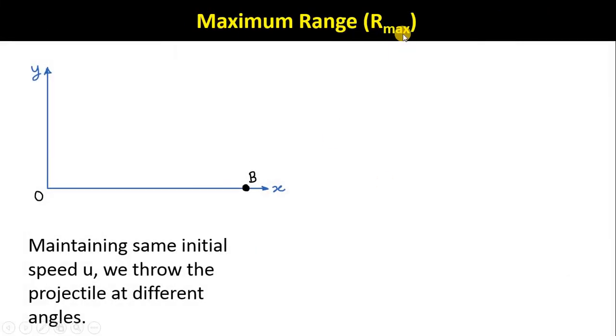Maximum range, Rmax. You might have seen in movies that a cannon fires bombs and it has to hit the enemy to the maximum possible distance. Okay, so suppose here is our cannon and here is our enemy and we want to hit it. But sometimes we have to adjust our angle of the cannon or the gun so that the bomb can land at the maximum distance.